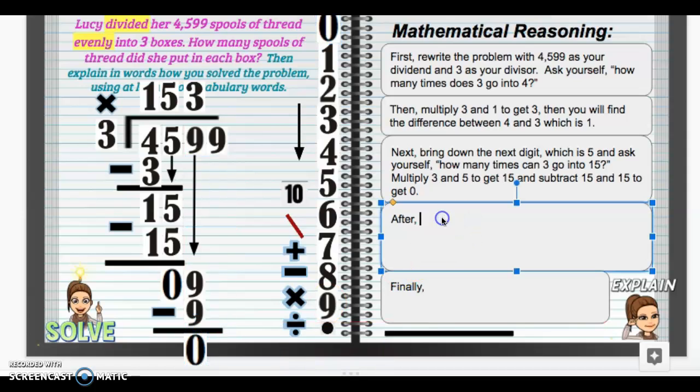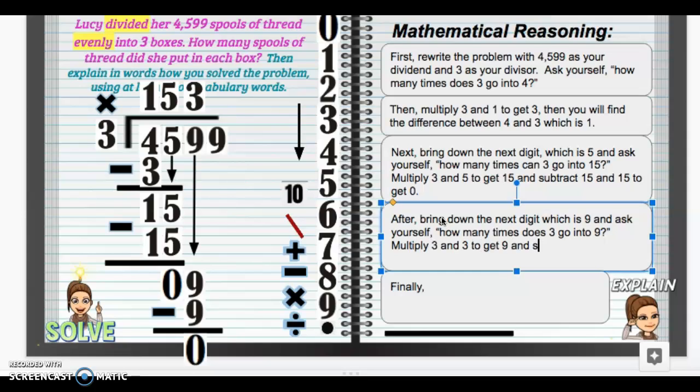So after bring down the next digit, which is 9, and ask yourself, how many times does 3 go into 9? Multiply 3 and 3 to get 9, and subtract 9 and 9 to get 0.